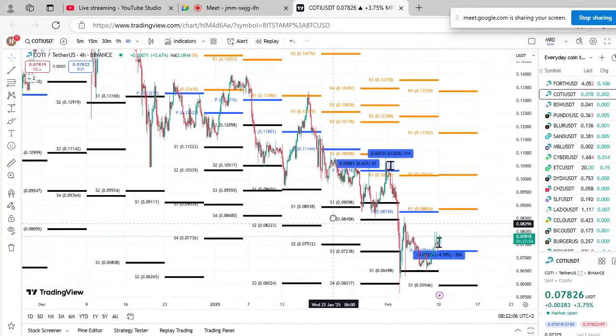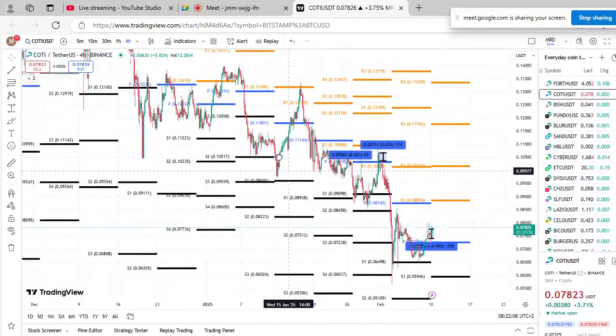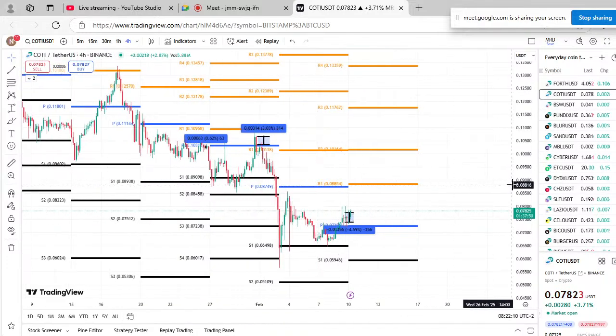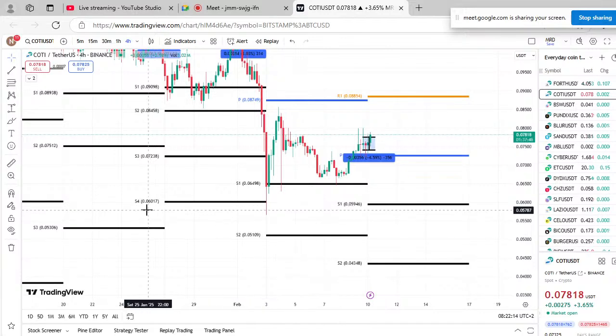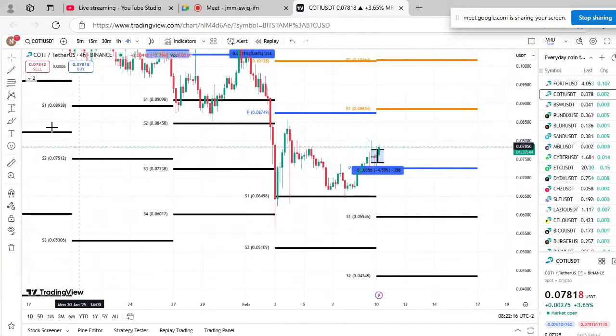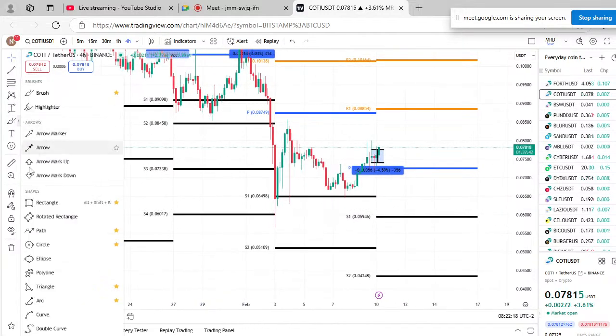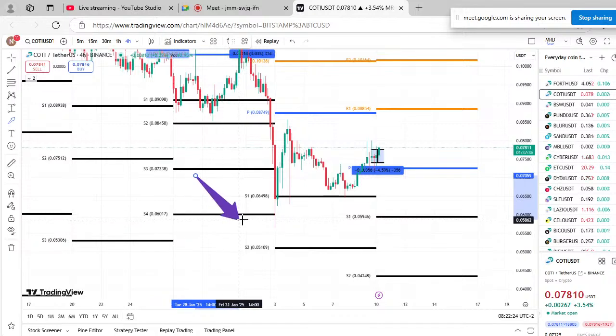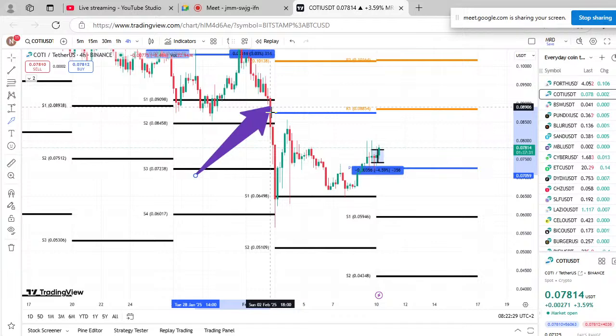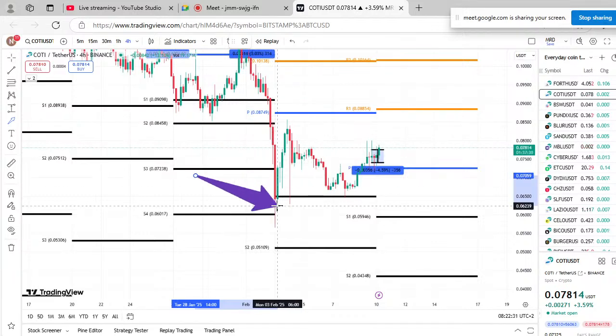Now, let us look at this point. Now, the market respected the support 4. I don't know whether you are seeing it. This is the support 4 here. This line is for support 4. And you can see the market dropped all the way down to here.